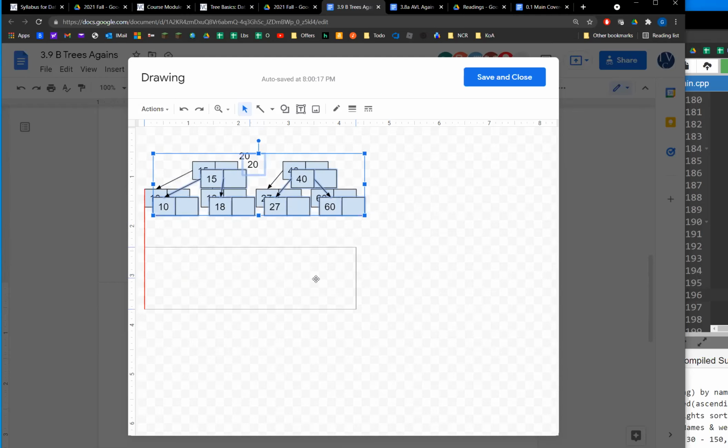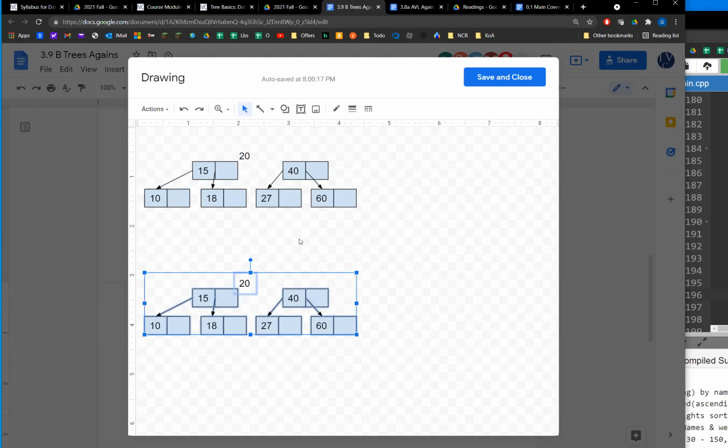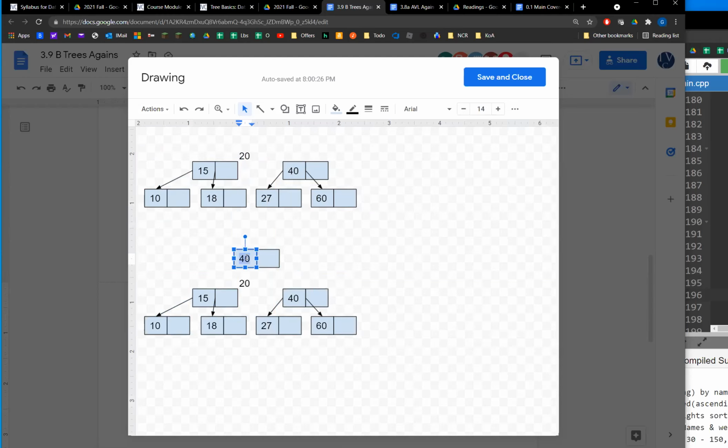working its way up. Since there is no node above 20, we are creating a new root. 20 fits into the new root. 20 is going to point to the existing root, or the previous root, and the new node that's split off of the old root.